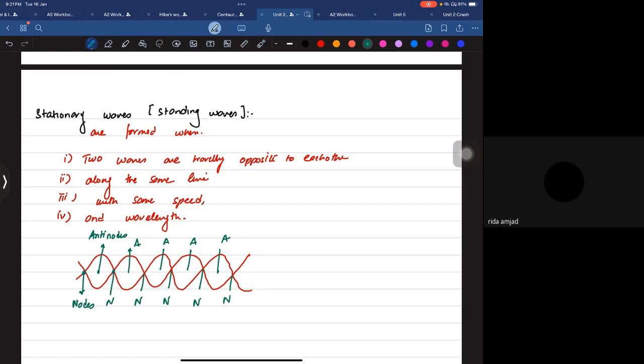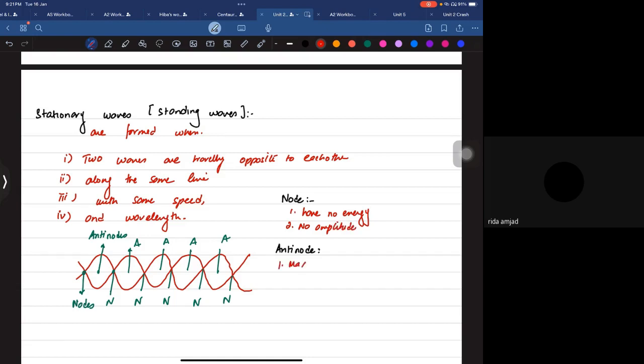Now, first of all, we want to learn the difference between a node and an antinode. Speaking of it, nodes have no energy and no amplitude. This is what nodes have.